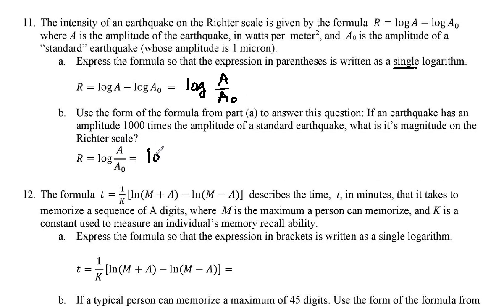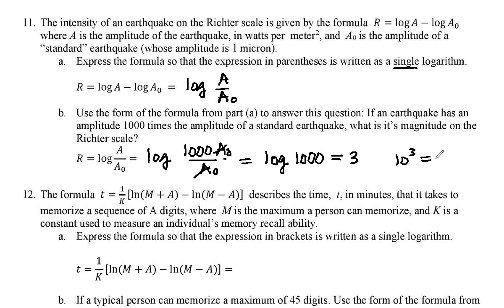So this is going to be the log of 1,000 times A0 on the top, divided by A0. But then these cancel, so we're just finding the log base 10 of 1,000. And you can enter that into your calculator, but this is the exponent over 10 that gives 1,000. That's just 3. 10 cubed is 1,000. So that's how I'm doing that in my head.